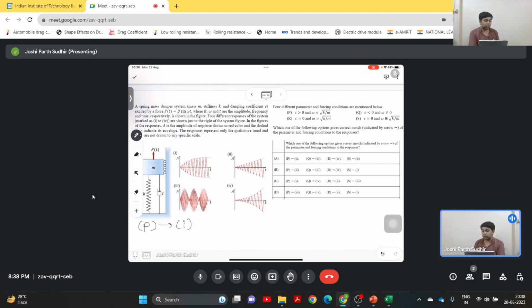So the forcing F of T is adding energy, and in addition the damping is also adding energy into the system. The response given in option number 4, where the response keeps on increasing in an exponential or polynomial sense with time, seems to be the correct one for option C.